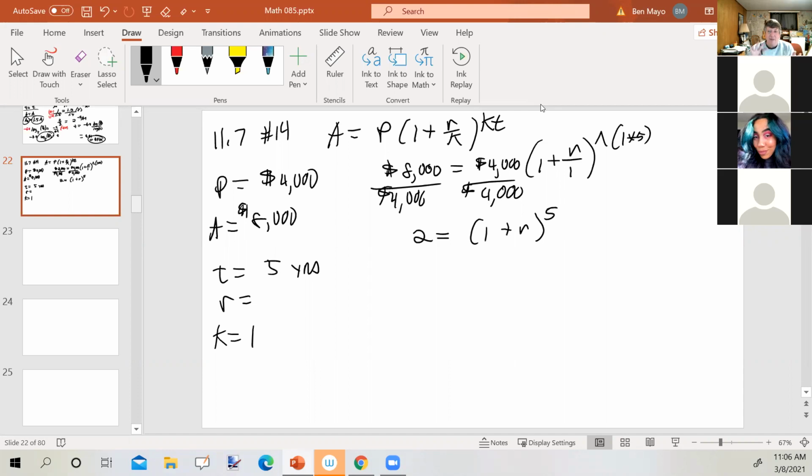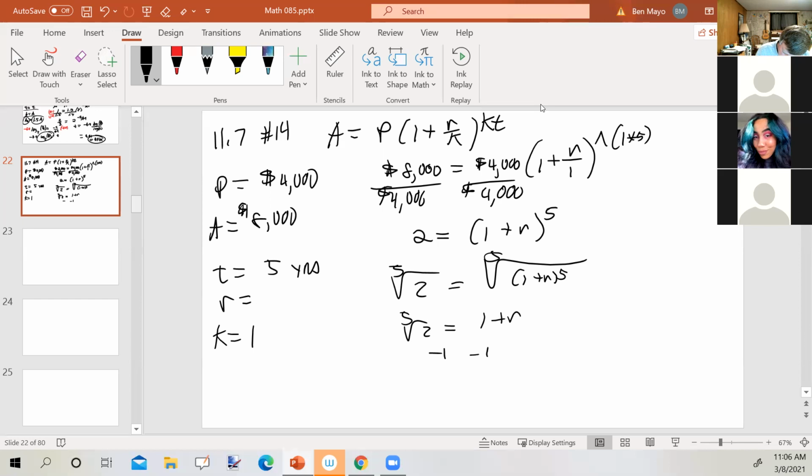So I have something raised to the 5th power. I'm going to take the 5th root of both sides of the equation. So the 5th root of 2 equals 1 plus R. I'll subtract 1 from both sides. So the 5th root of 2 minus 1 equals R.